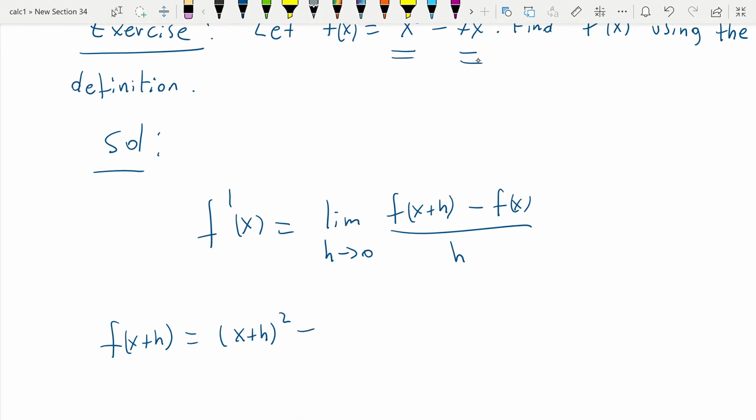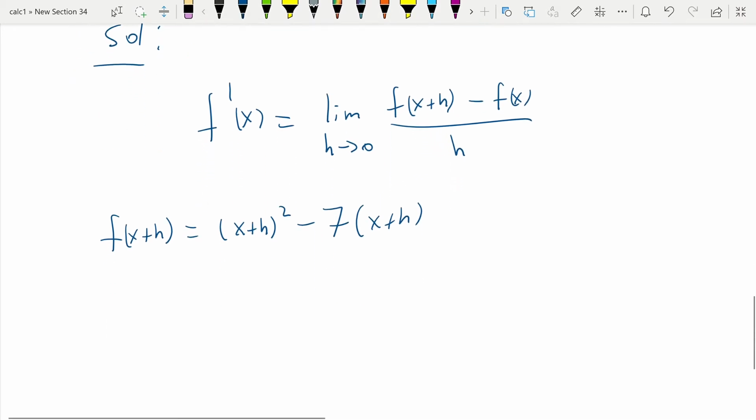So minus 7 times x plus h. This is what the rule tells you to do: take what's inside, raise it to the square, and then subtract 7 times that.